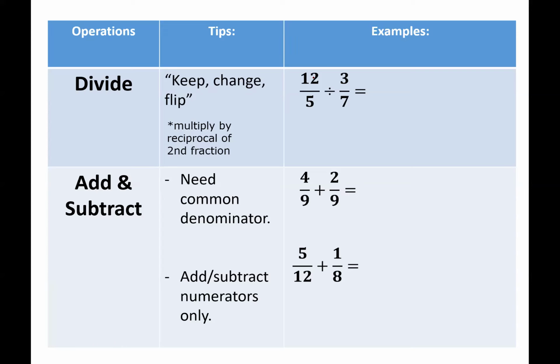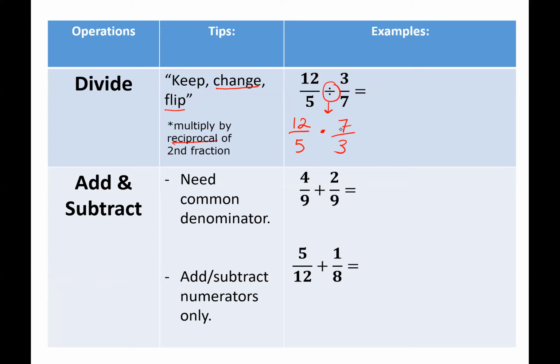We'll rewrite it by keeping the 12/5 the same. We're changing division to multiplication, and then we will flip or take the reciprocal of the second fraction. So the 3/7 now becomes 7 over 3.